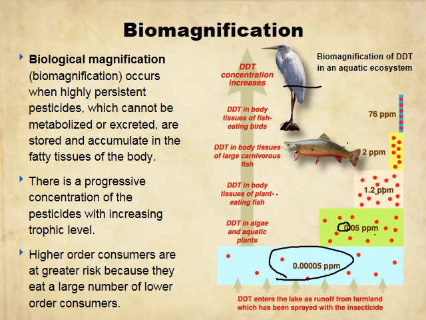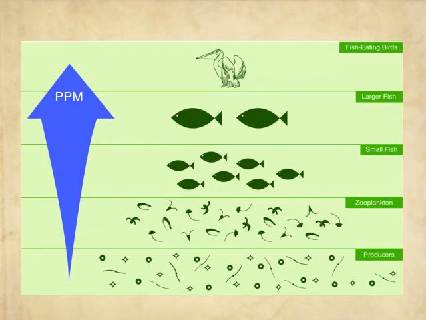So if you went back to the image of the food pyramid that I had drawn, I'll go back. Okay. I can't go back, but you can see in this one you have one pelican here. So this one pelican has eaten these two fish. These two fish have eaten all of these fish. All of these fish have eaten all these zooplankton. All these zooplankton have eaten all these producers.